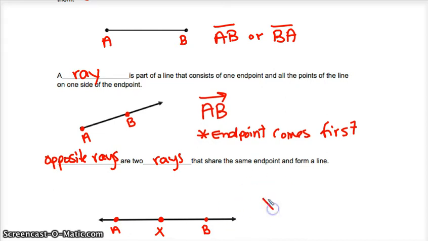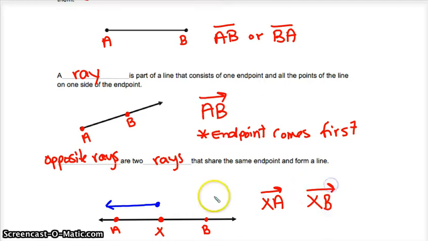One ray is ray XA, and you can see that X is the endpoint, and I'm heading in the direction of A. I've also got ray XB. It starts at X and then goes in the direction of B. When those two rays are together, they form a line.